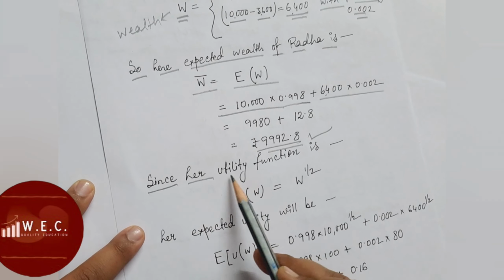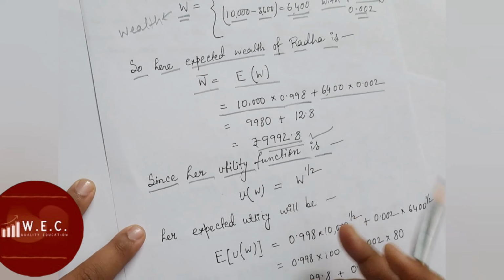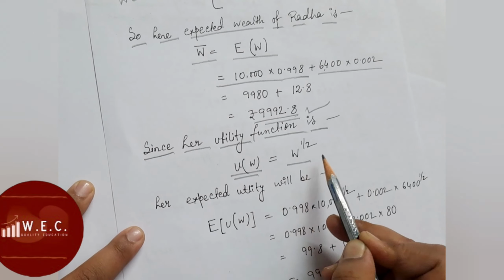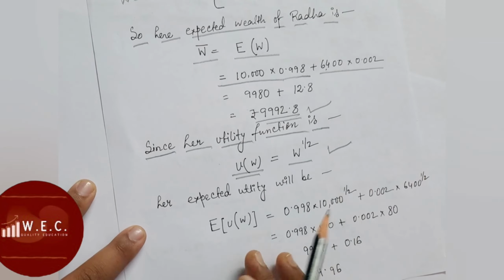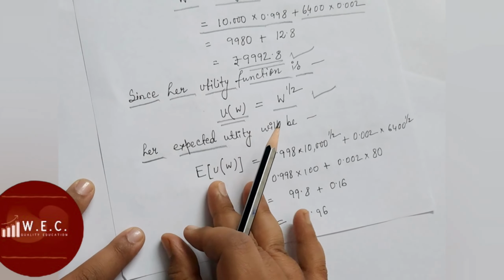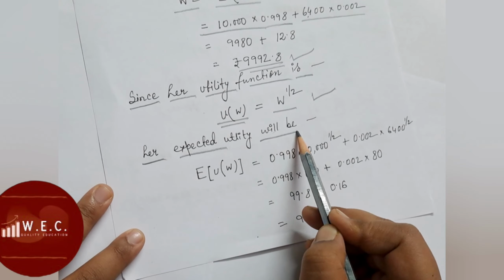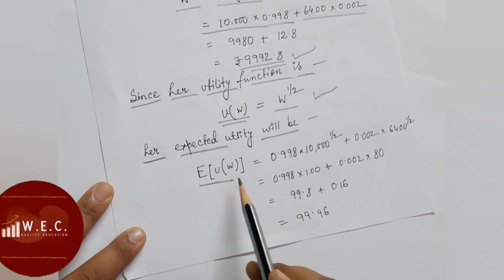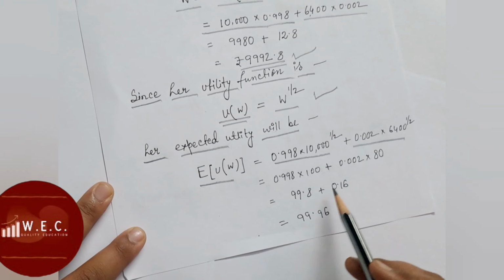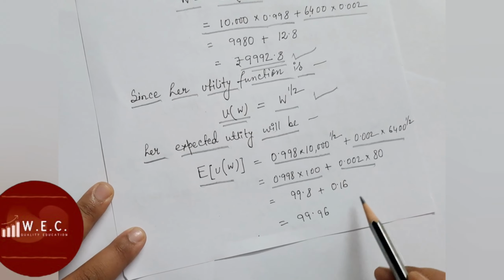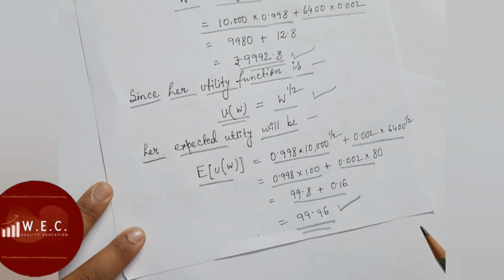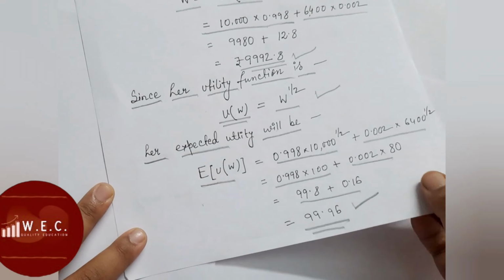Since our utility function is given as u equals to root over w, that is w to the power half, our expected utility will be, please see the deduction of expected utility on the screen. It is equals to 99.96.